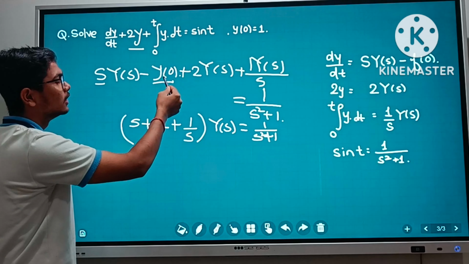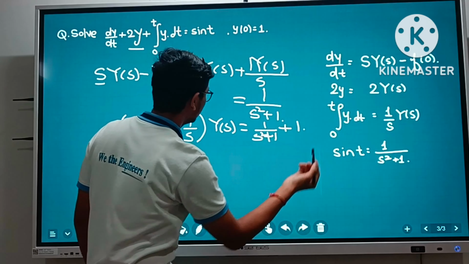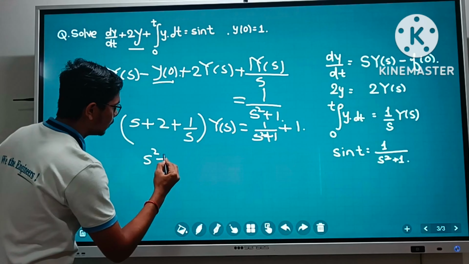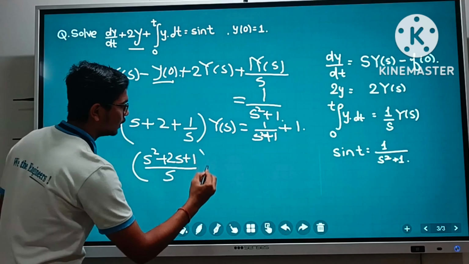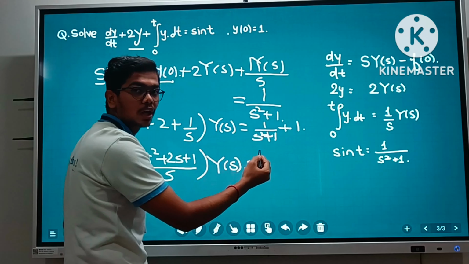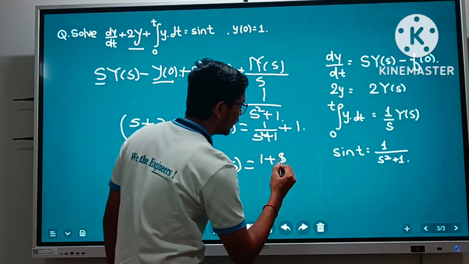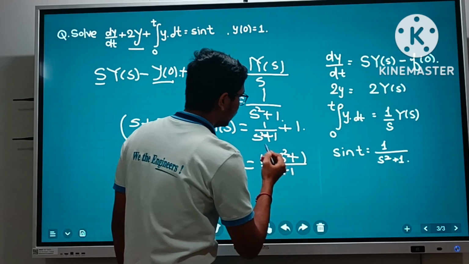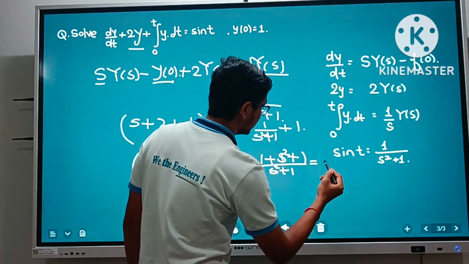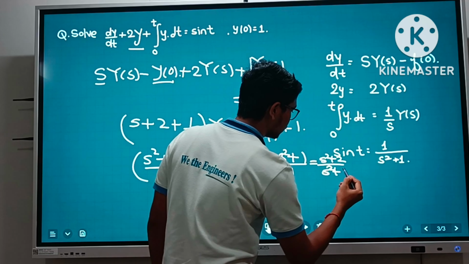By shifting this y of 0 to the RHS and putting the value 1, we get this. By solving the bracket, multiplying s square plus 1 with 1, we can write it as s square plus 2 upon s square plus 1.